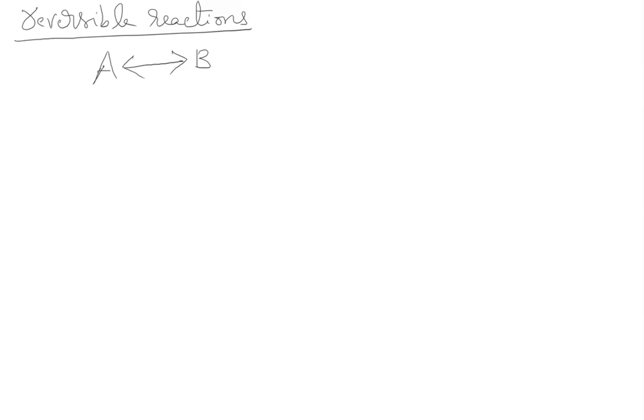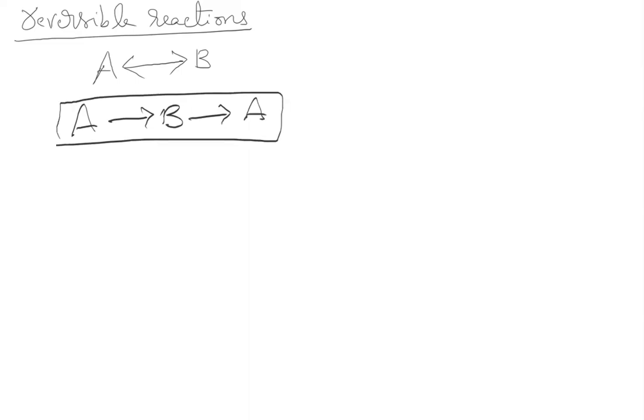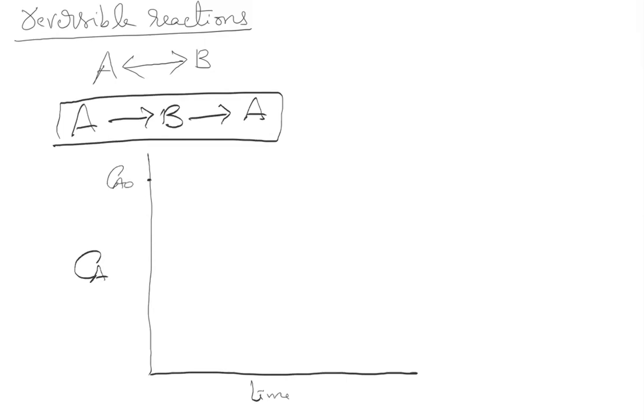What is meant by reversible is A forms B, and this B once again forms A. So this is a reversible reaction. If you plot the concentration of A with respect to time, it starts at Ca naught and slowly drops. At some point of time, the concentration further doesn't drop. The concentration almost remains constant. What does that mean? That doesn't mean that there is no reaction.